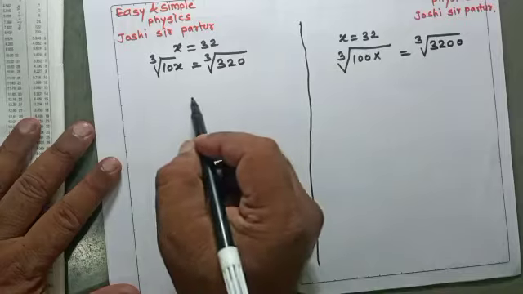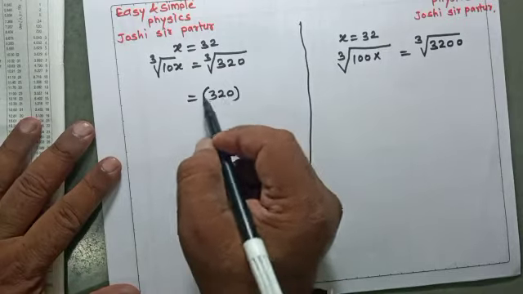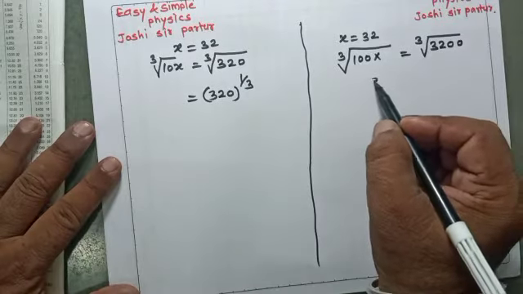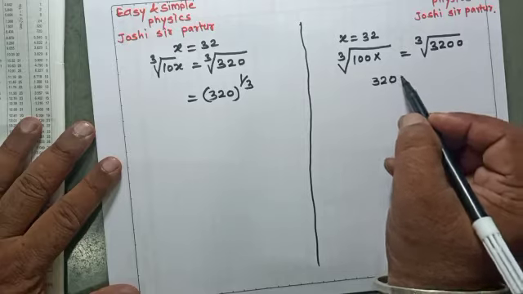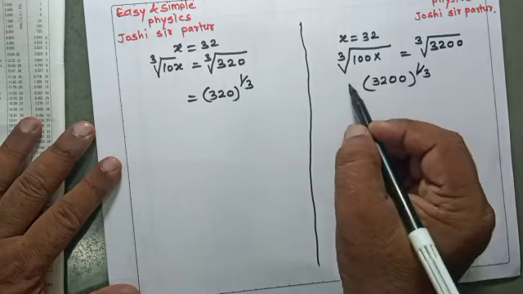So we can find the cube root: for 320, its power will be 1 upon 3, and for 3200, its power will be 1 upon 3.